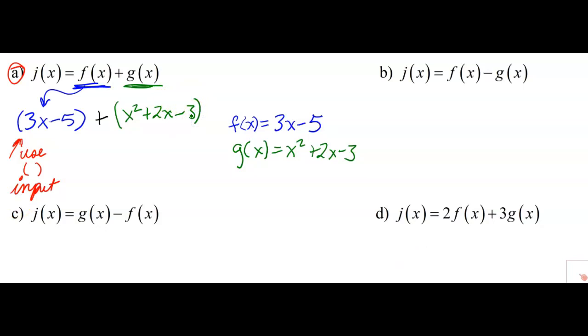So from here, I'm just going forward and doing math. I look at the first set of parentheses, nothing's happening, so I'm going to drop them. Look at the second set of parentheses, nothing's happening there either, so I drop them. Now it's a case of just adding like terms, and I'm almost done.